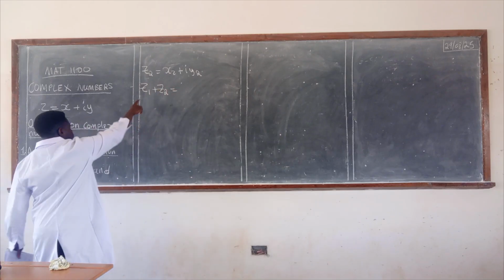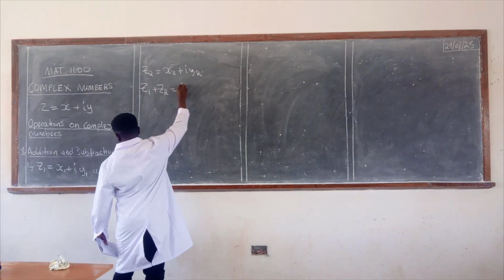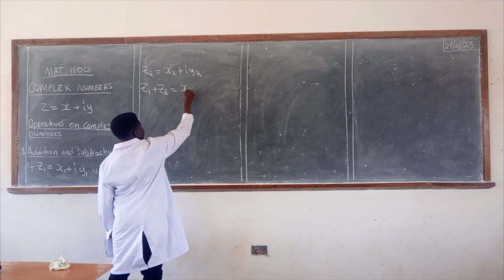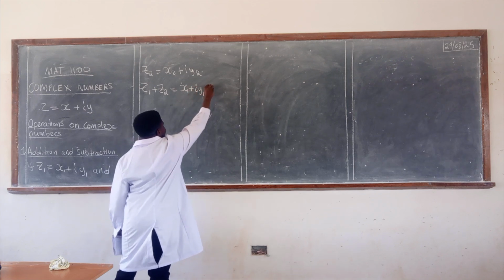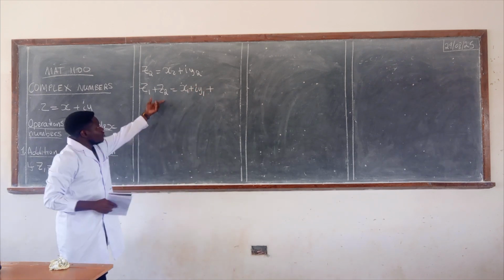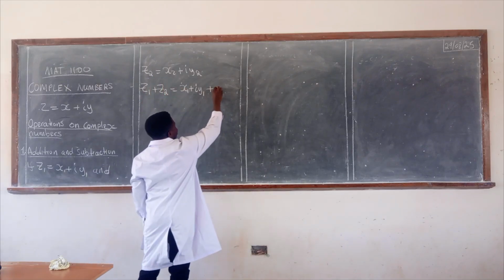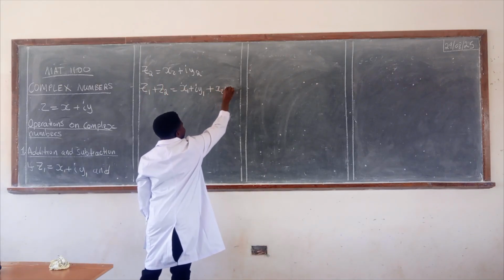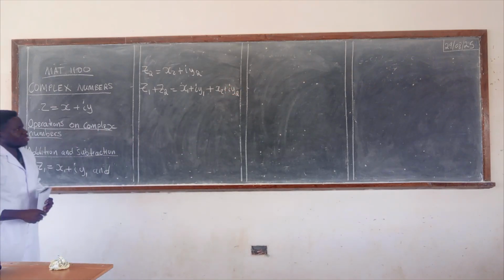This simply means we have x1 plus iy1 plus the z2 part, which is x2 plus iy2.